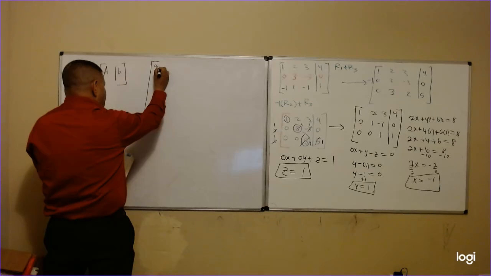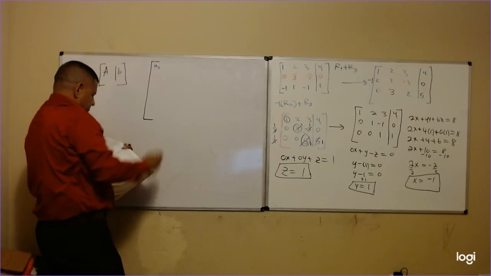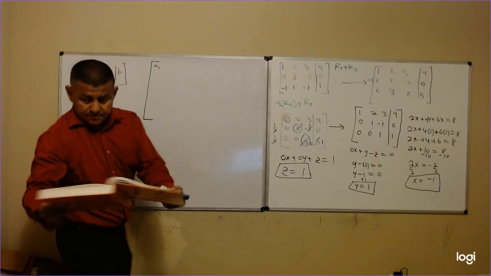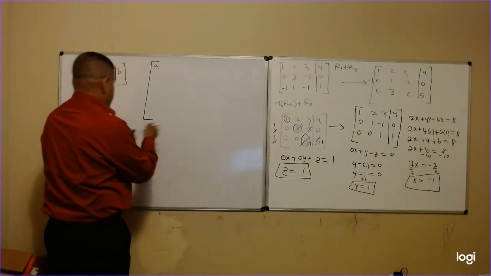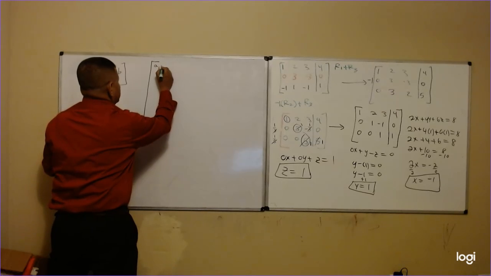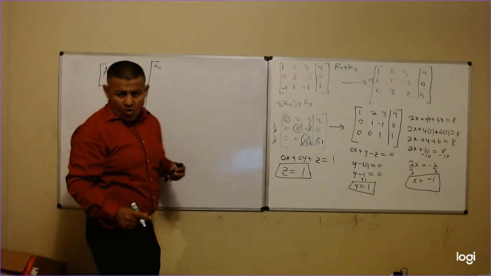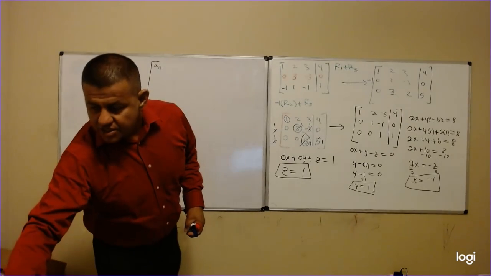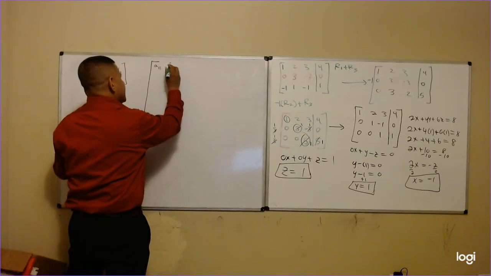So row 1, column 1. So row 1, column 1, right? Then the next one is, I'm sorry, it's row 1, column 2.